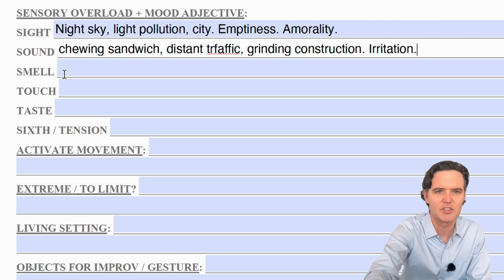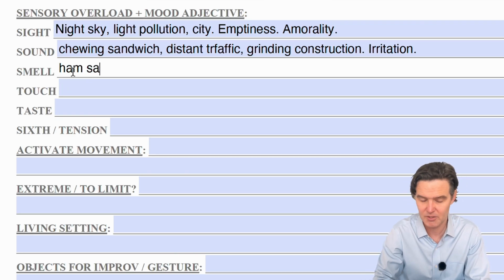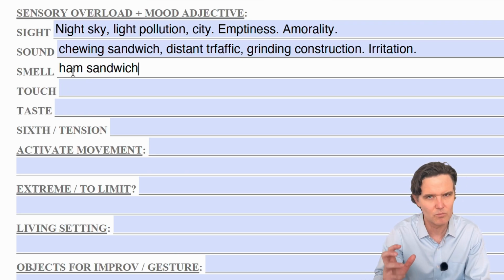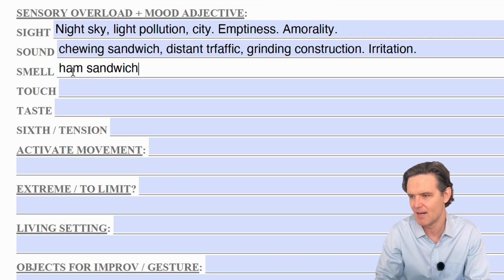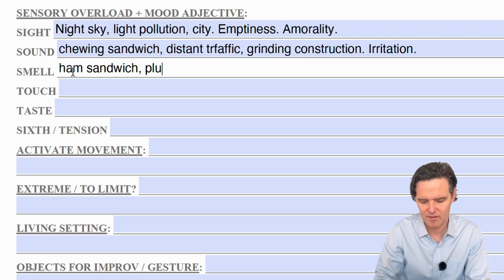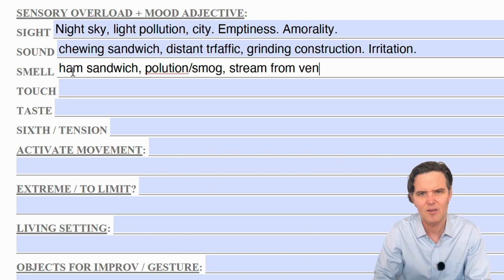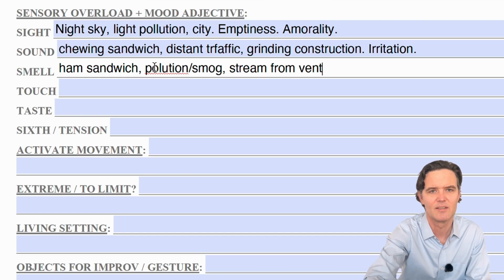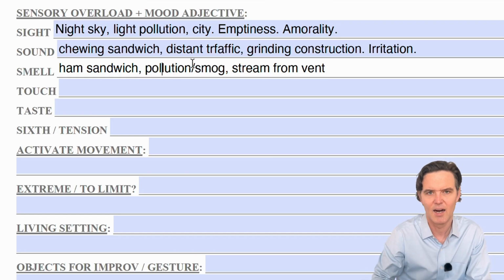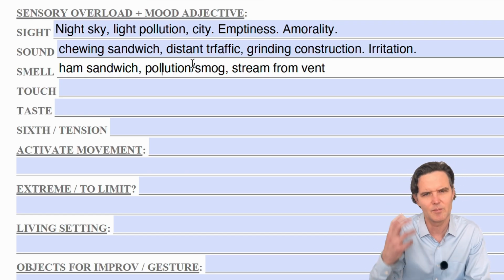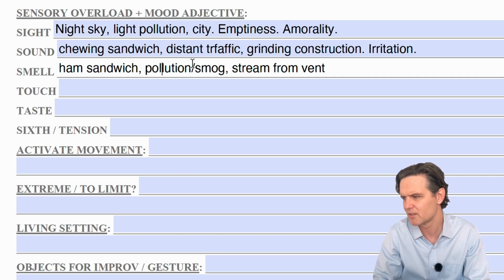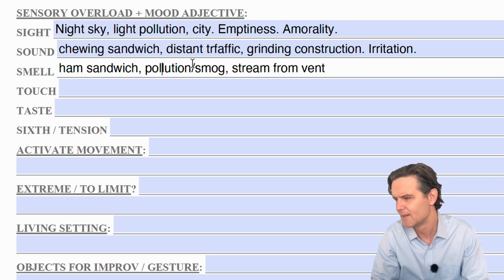Next, we have smell. Again, the ham sandwich. You want to really have a grip on that main prop. We have pollution, smog, steam from a vent. I don't know what that stuff is or if it even has a smell, but that came to my mind as something you see on those buildings, and that could also be part of sight.